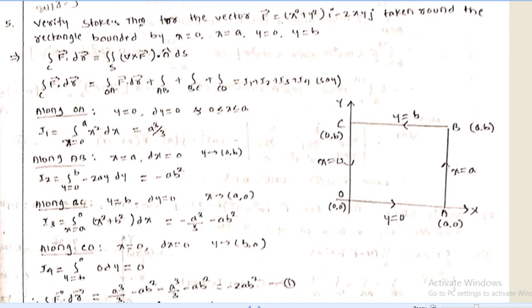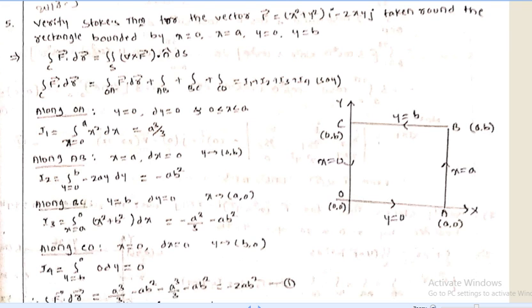Then integration with x varying from 0 to a, our function is x² dx, since y = 0 on the x axis. So the integration of x² is x³/3, and after substituting the limiting points a and 0 we get a³/3.